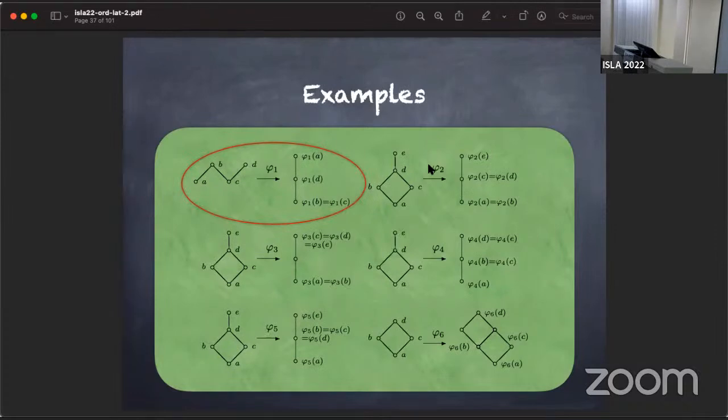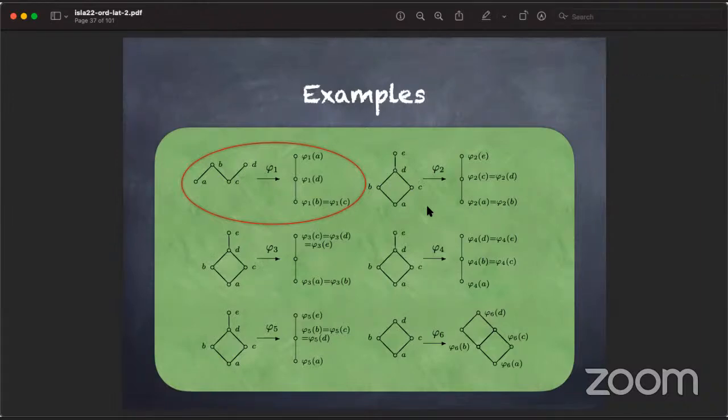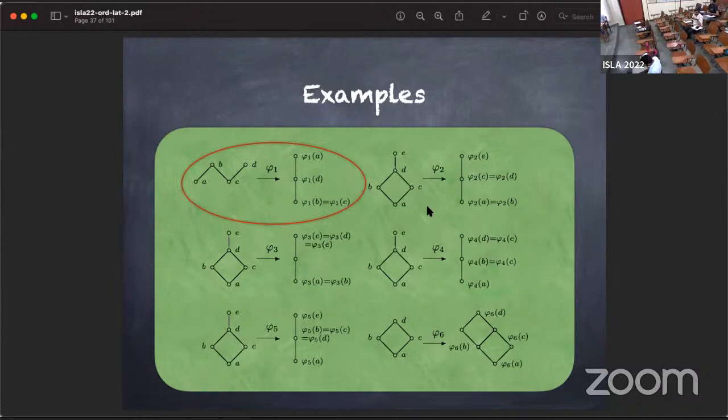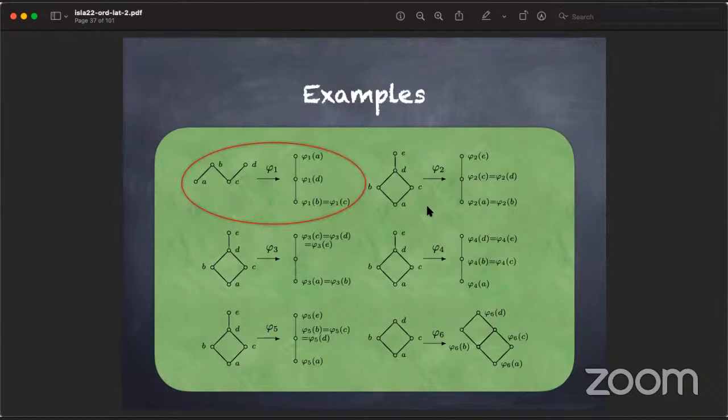For isomorphism, they have to be order embedded. Yes, for isomorphism they have to be order embedded. But I'm talking about lattice homomorphism, not lattice isomorphism. Oh, okay. Is my question clear? Yeah, now it is.